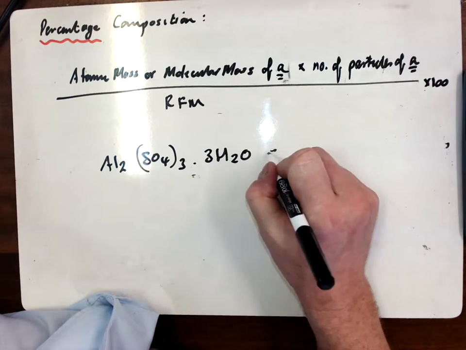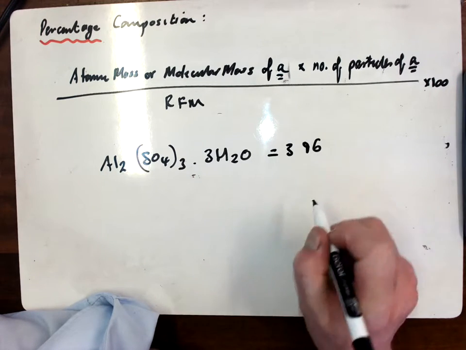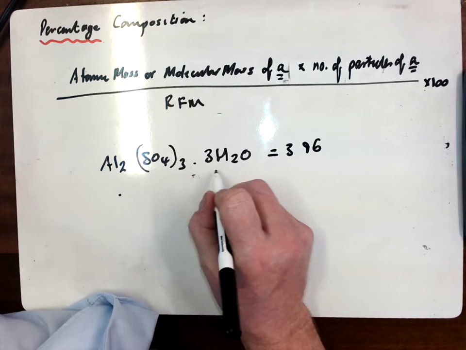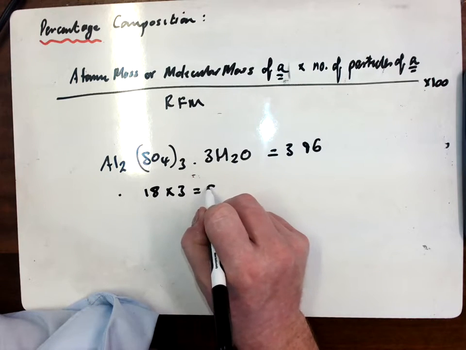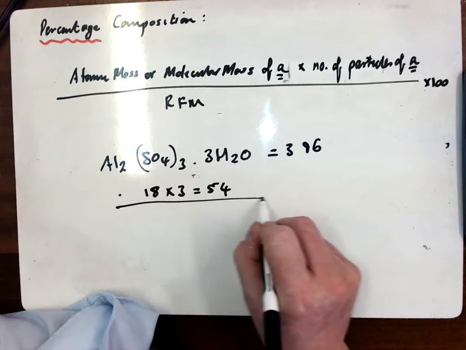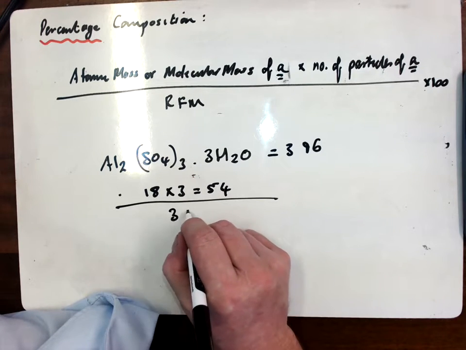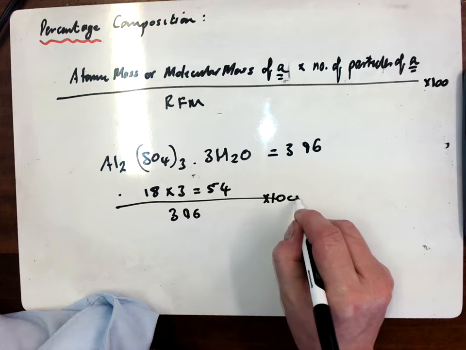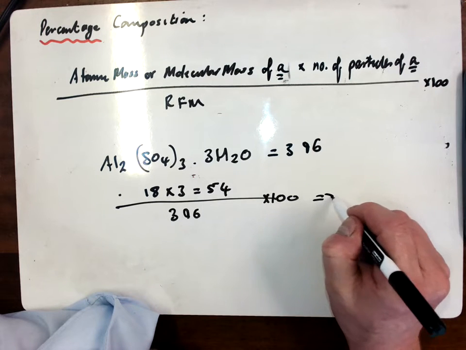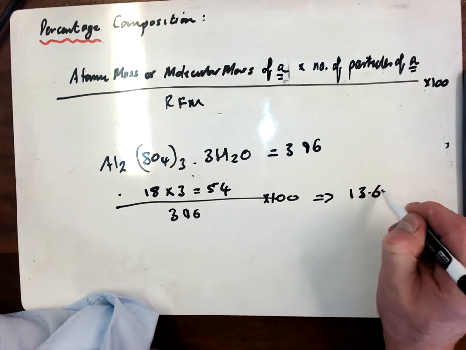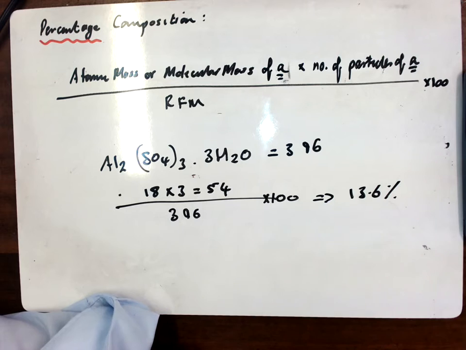We have a large RFM, as we would expect, of 396. We have water, molecular mass 18 times 3, treble 18, 54. Over 396 times 100 gives me 13.6% water in that compound.